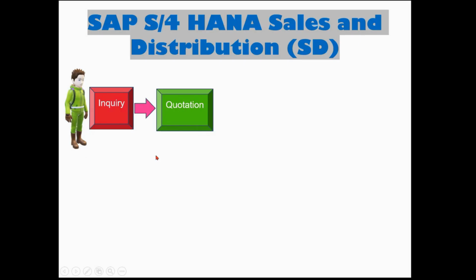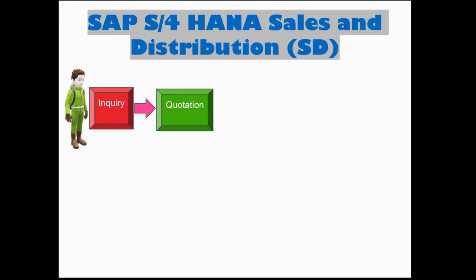If the customer agrees on my quotation, we go further. If the customer is not interested, the sales activities stop there. So inquiry and quotation are called pre-selling documentation, pre-selling activities, or the pre-selling process in SAP SD.